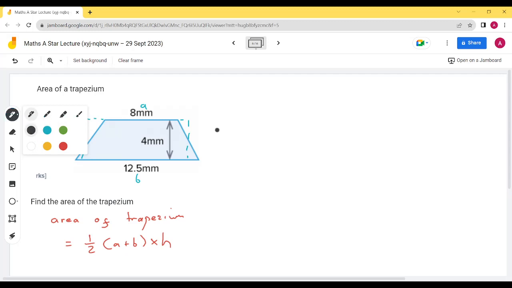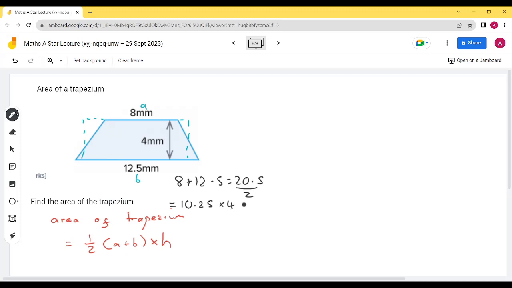So what we can do here is 8 plus 12.5, which is going to give us 20.5, divided by 2, which gives us 10.25. Then we can times that by 4. Well, 0.25 times 4 gives us 1. So it's going to be 41 centimeters squared.